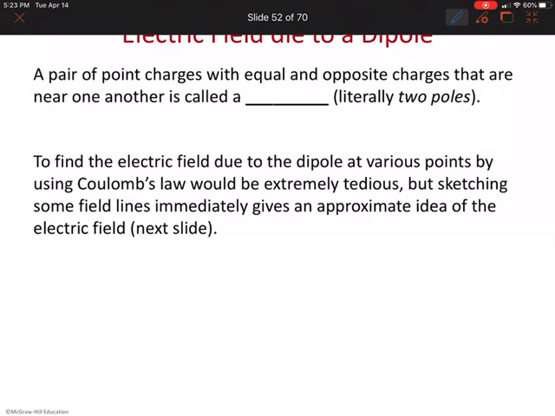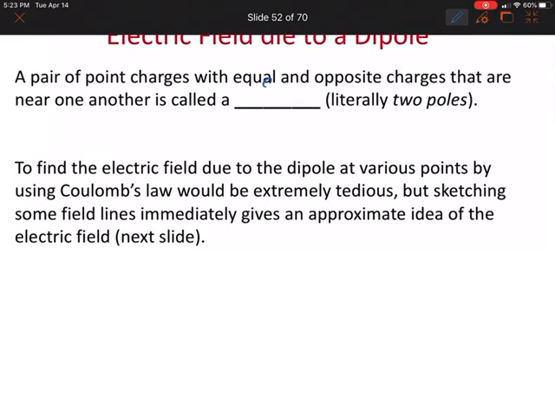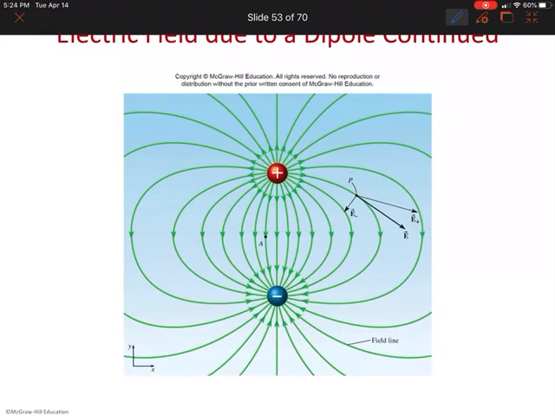Okay, so where are we? Here we are. A pair of point charges with equal and opposite charges is called a dipole. That's literally two poles. Similar to the Earth, we've got the North and South Pole, and they make lines just like this that we can't see, like our magnetic field between them.